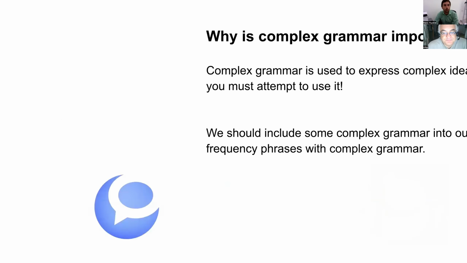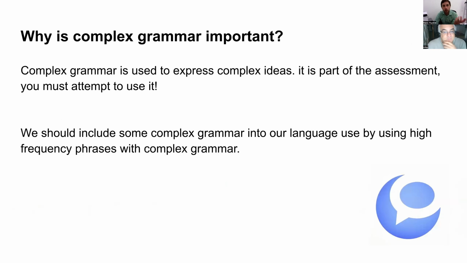Okay. Good. So, why is complex grammar important? Complex grammar is used to express complex ideas. It is part of the assessment and you must attempt to use it. We should include some complex grammar into our language by using high-frequency phrases with complex grammar. Even for C1, not everything you say is complex.